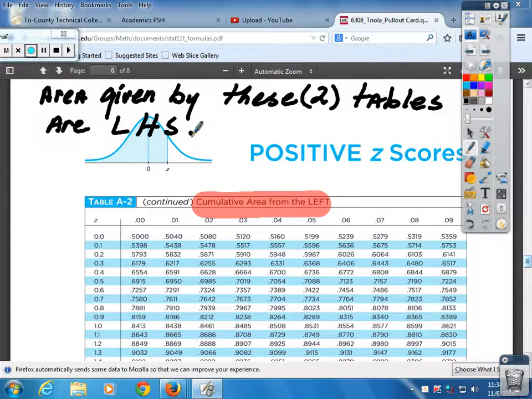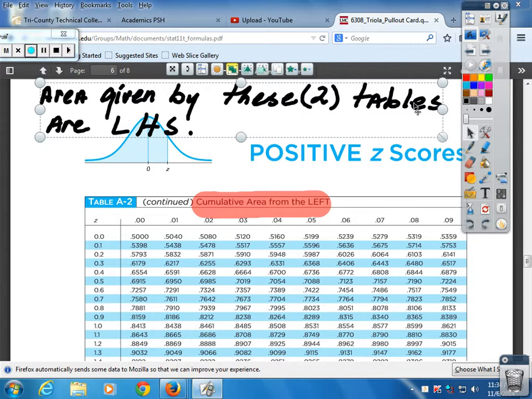That's what it means. That means that if you get one of these areas right here, in 4 digits, that means they're areas. Any of these areas, it's going to be to the left of whatever z-score it corresponds to. And don't worry, we'll get there if you don't understand or if you've never seen this before. We'll get there eventually.